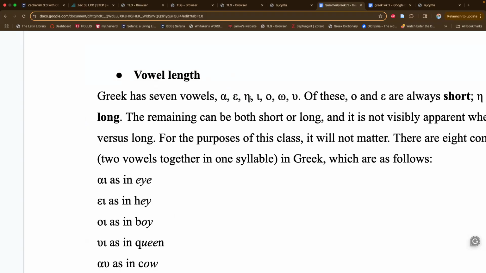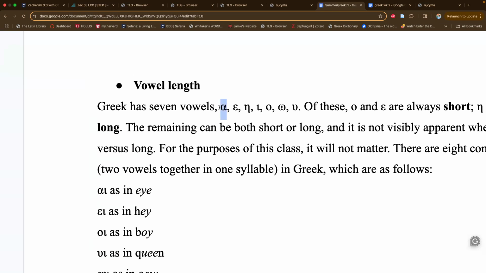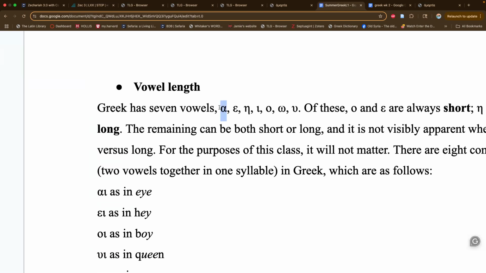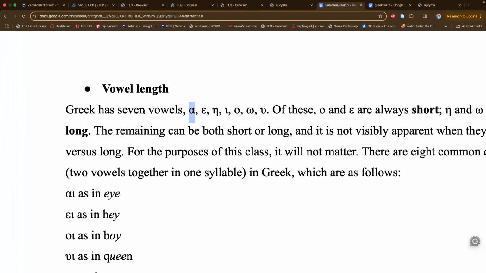The epsilon is always short and the eta is always long, because they're distinct forms. For something like alpha, which only has one form, there's no long alpha and short alpha, so it can be both long or short. I'm telling you this just for reference. When you're reading, this isn't really something you have to think about. But it's of note that we have 7 vowels.